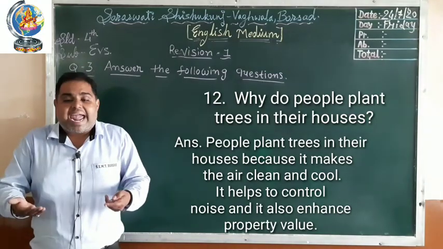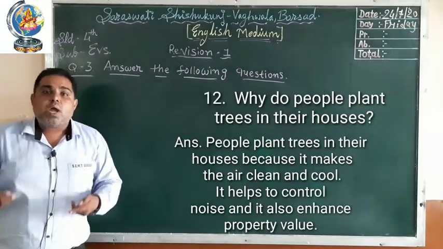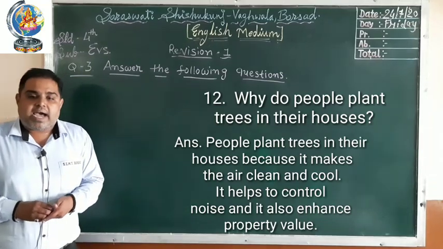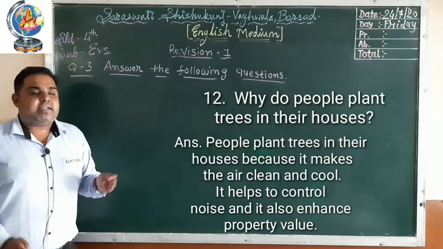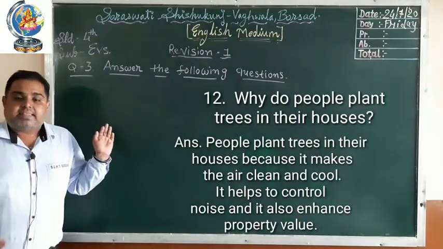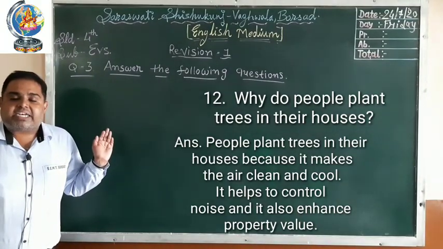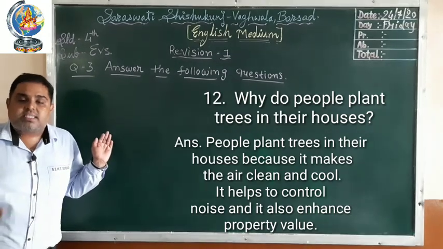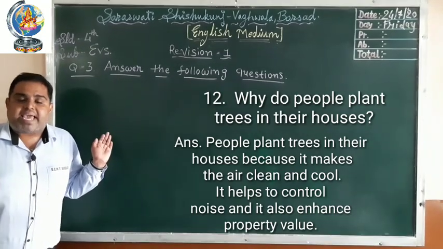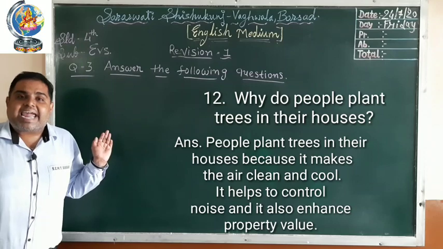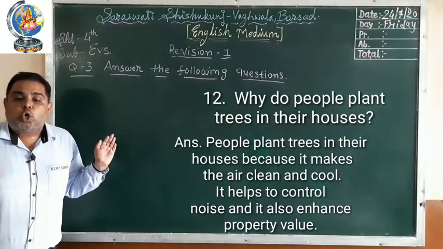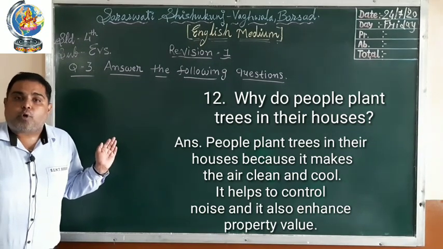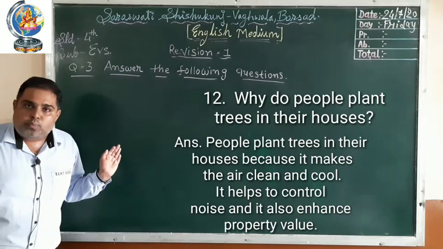That is why people plant trees in their houses. Let us again look at the answer, that people plant trees in their houses because it makes the air clean and cool. It helps to control noise, and it also enhances property value.